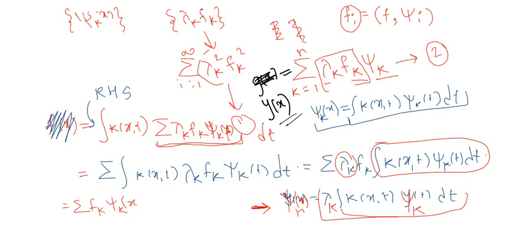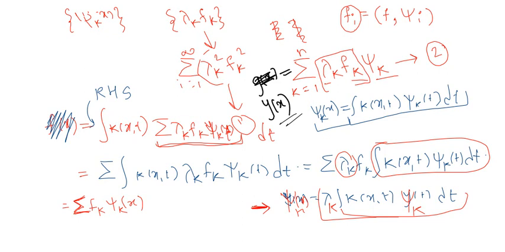Now what is this? f k is the Fourier coefficient of the function f of x with respect to the orthonormal set xi k of x.